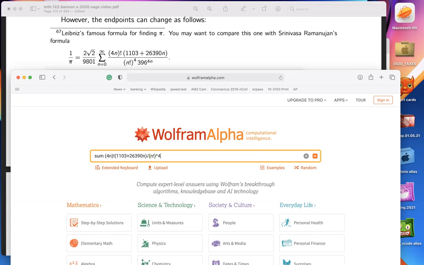To the 4th power divided by 396 to the power. Whoops, sorry about that. 4n. Oops. 4n equals 0 dot 10. I didn't type the whole thing. I just want to see what this does that's different than Sage.